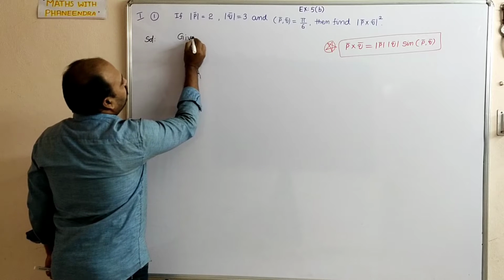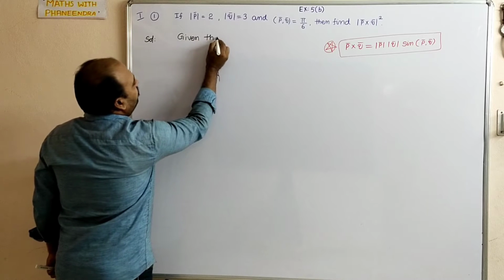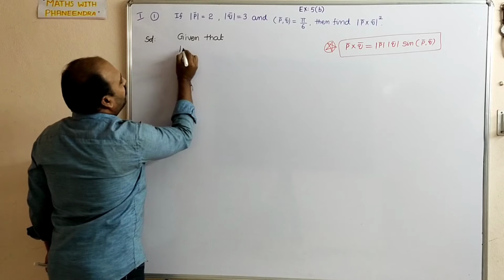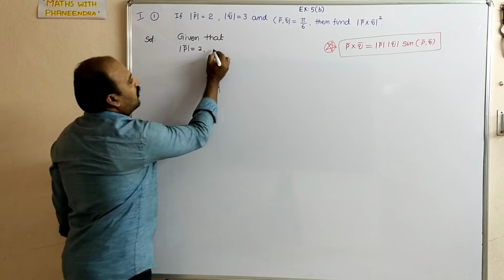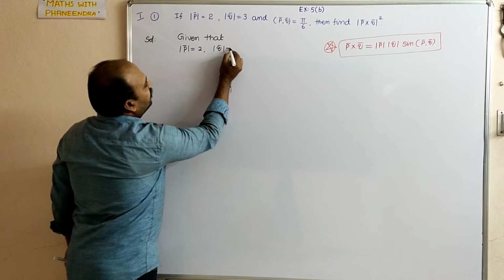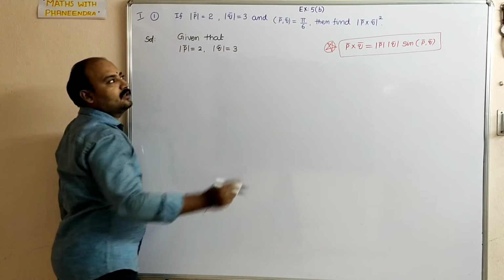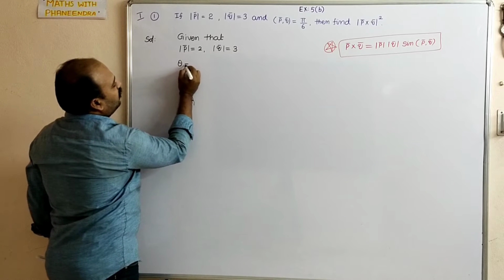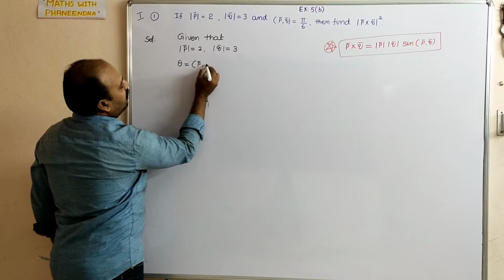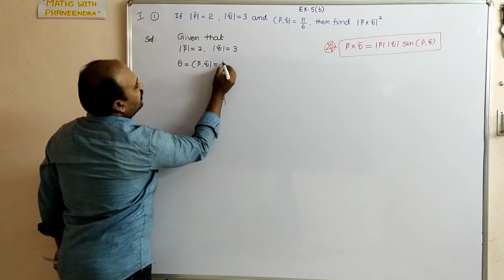Given that mod p bar equal to 2, mod q bar equal to 3, and the angle theta between p bar and q bar equal to pi by 6.